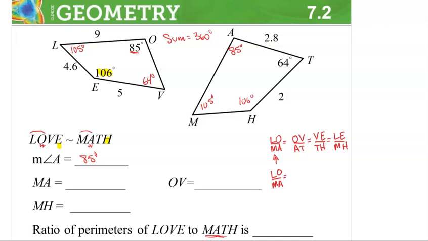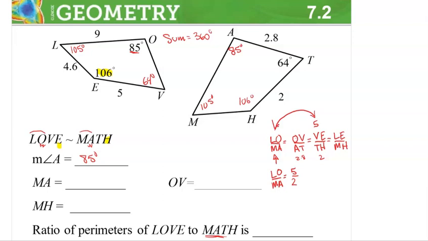So let's go through and see what we have. We don't have anything for OV, but we do know that AT is 2.8. We do have something for VE, it's 5, and then TH is 2. So this 5 over 2 is also equivalent to LO. You pick the 2 in the list that you're going to work with. Only work with 2 at a time.